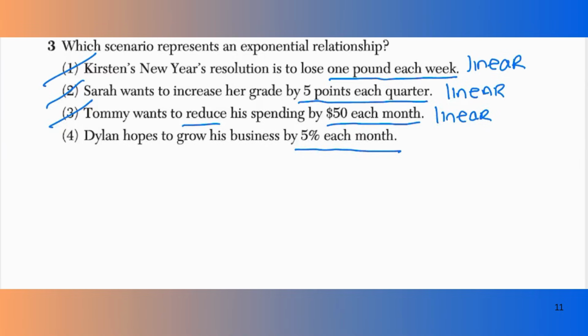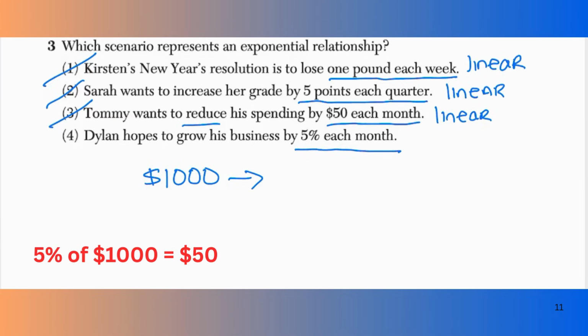So if Dylan starts his business with, let's say, a $1,000 profit, then the next month, if he was going to have a 5% increase, that would become $1,050. So this would have been a change of $50.